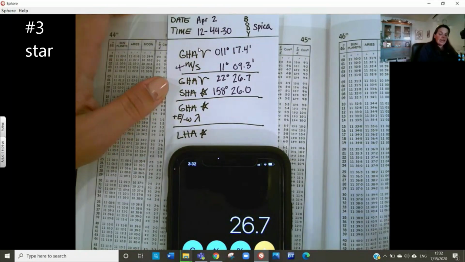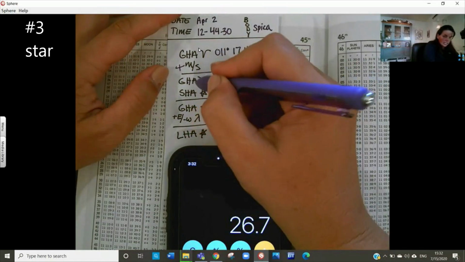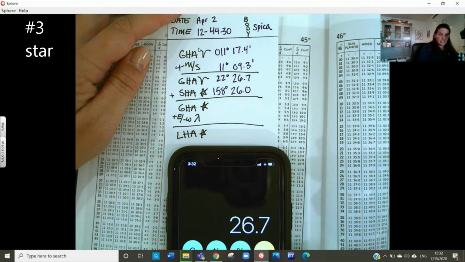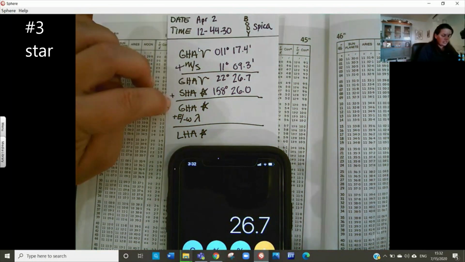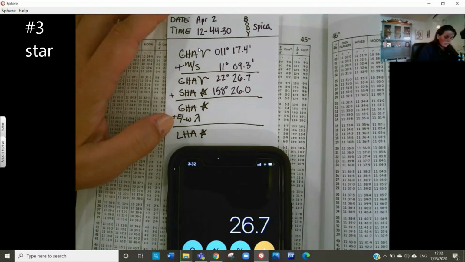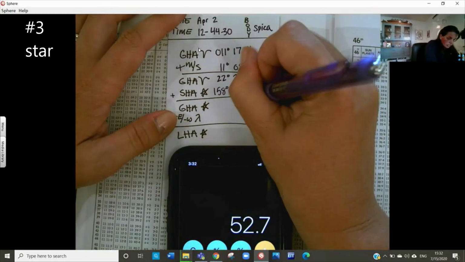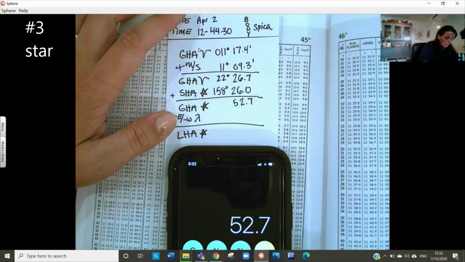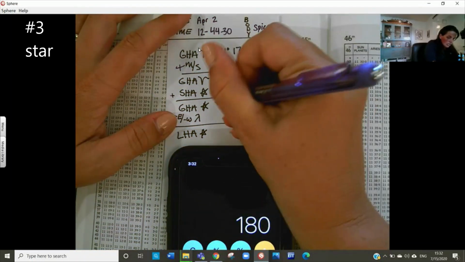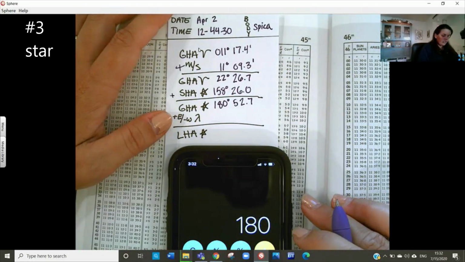And then we always add our SHA. So your GHA of Aries plus your SHA of the star gives you your GHA of the star. So we have 26.7 plus another 26 gives us 52.7, and then that gives us a GHA of 180 degrees 52.7.